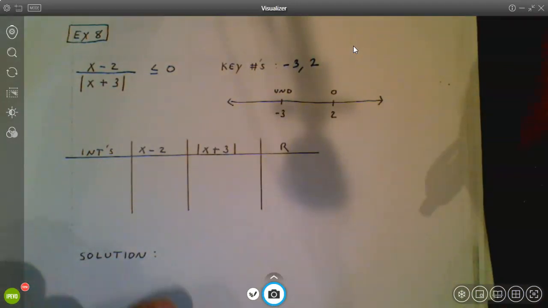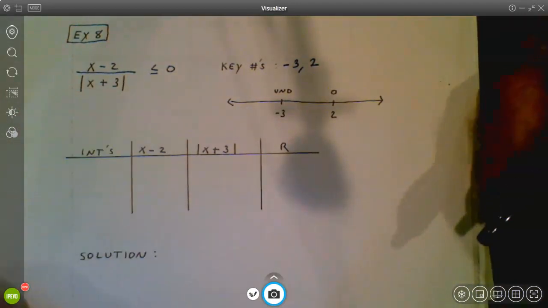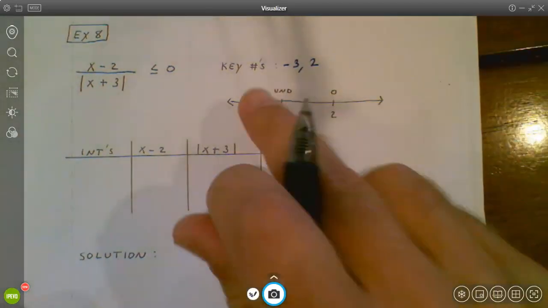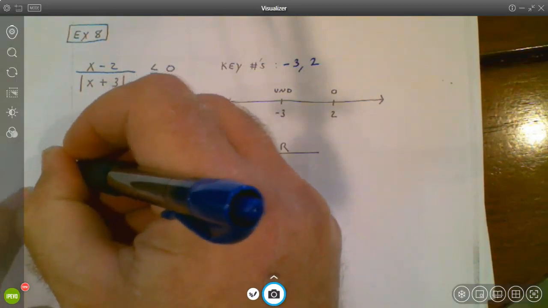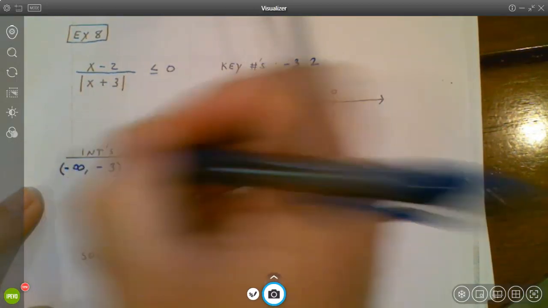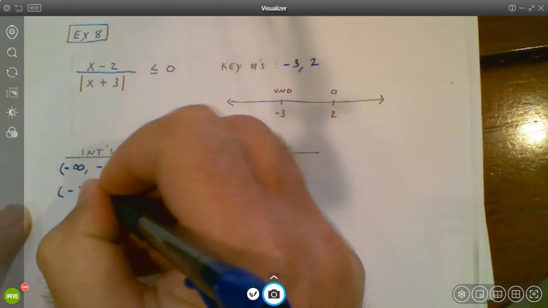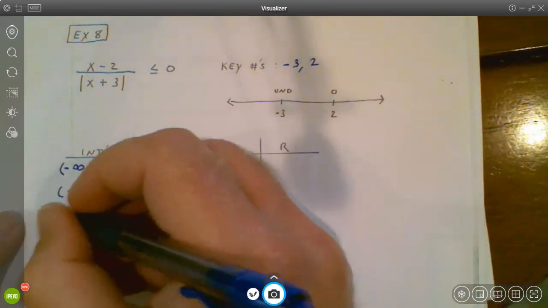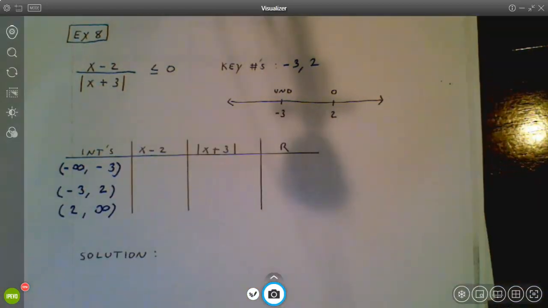So as I look at all this, how is this being an absolute value going to affect this scenario? So still want to set up our three intervals. We have from negative infinity to negative 3. We got from negative 3 to 2. We got from 2 to infinity. So we got those three areas.